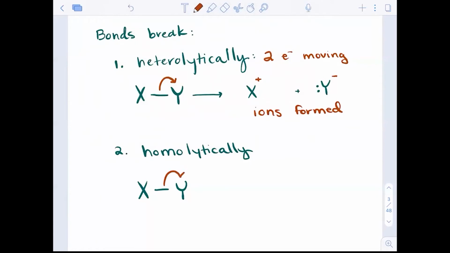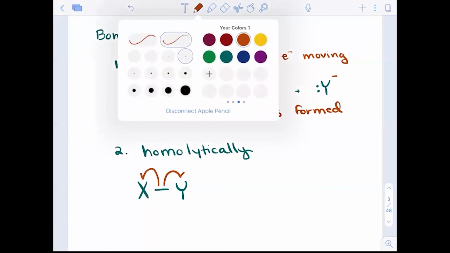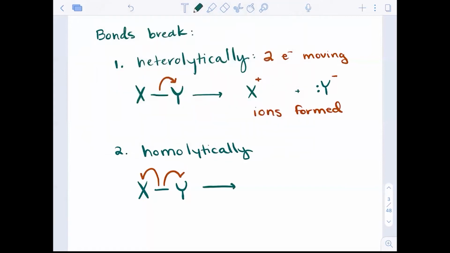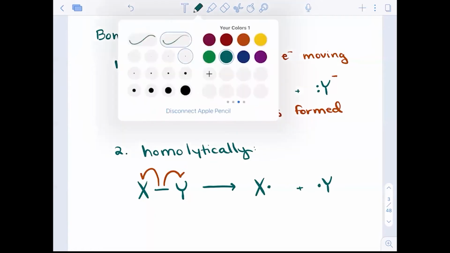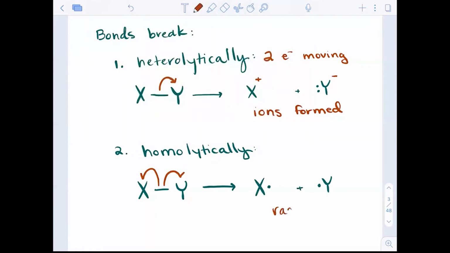Notice that that arrow looks different. This is called a fish hook arrow, single-headed or fish hook arrow. And the reason why those are different is because there's one electron moving at a time. And so what we get out of these is not ions, but a separation of the bond evenly, and we get what we call radicals.